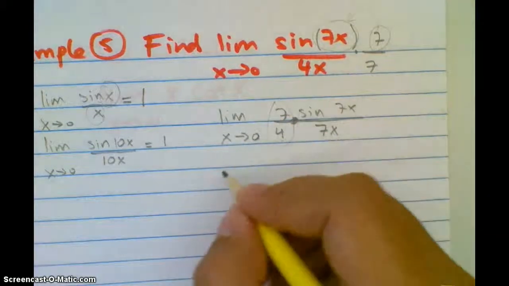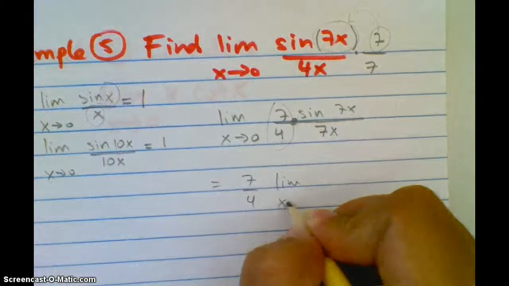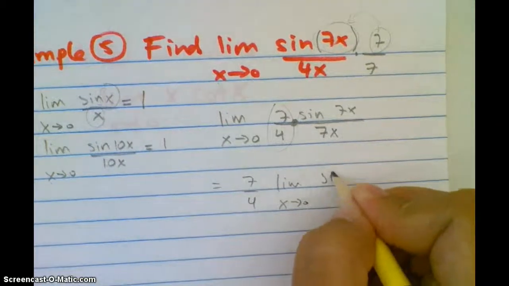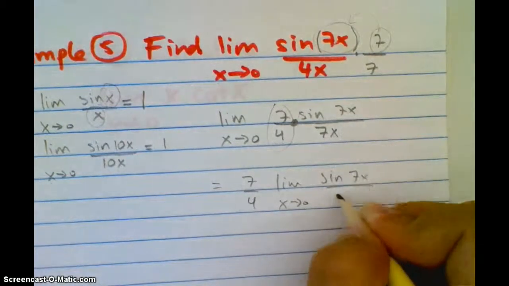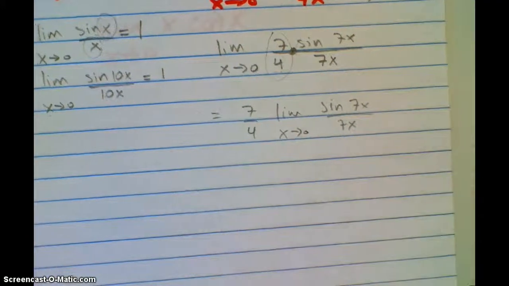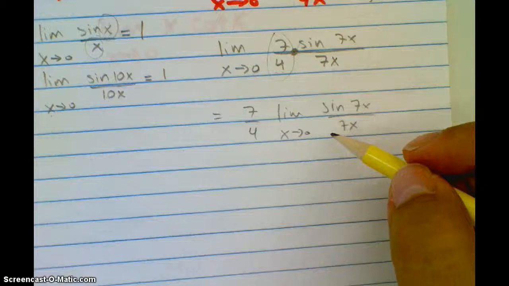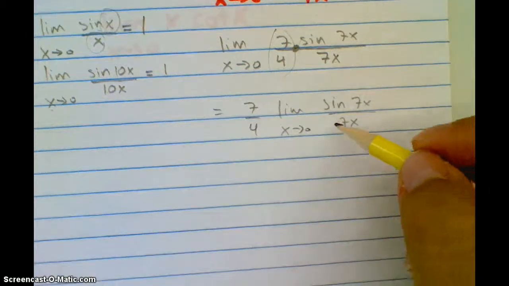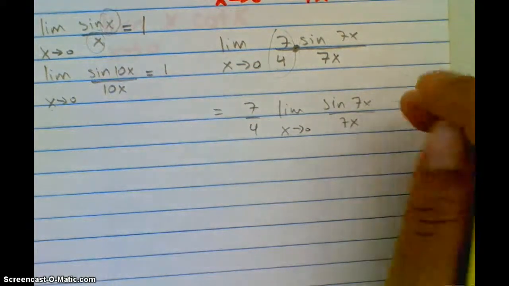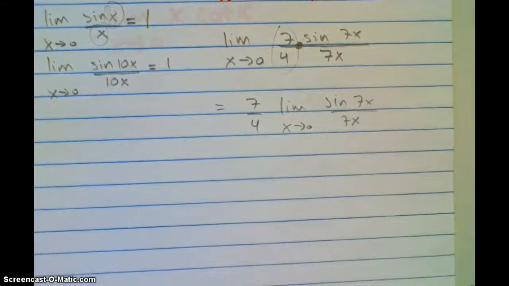Since this is a constant, it can come out of the limit: 7/4 times the limit as x approaches 0 of sine of 7x over 7x. Now at this point, I could change variables, or I could just find the limit right here. But this is the argument, and this is something that we have to get used to because it's included in future sections. So I'm just going to do it the way I expect you to do it.